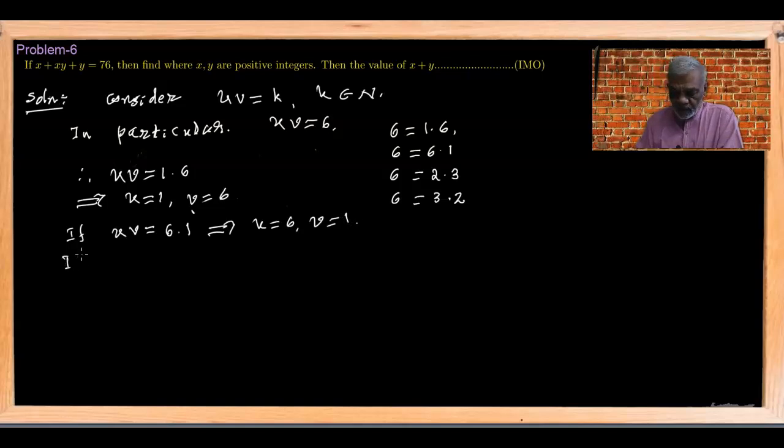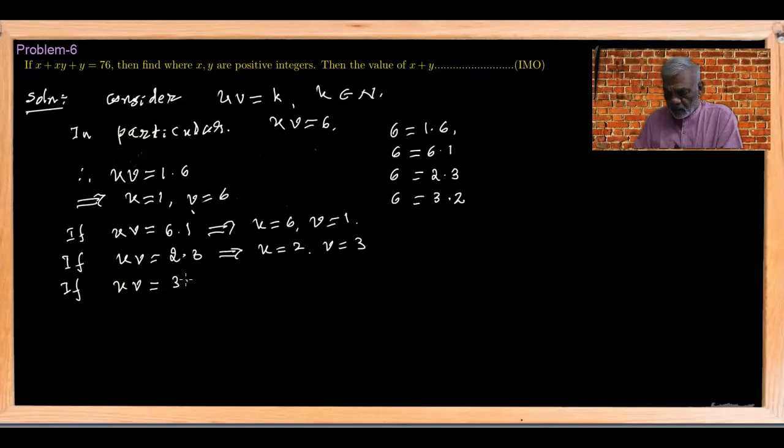And if uv equal to 2 into 3, implies u is equal to 2, v is equal to 3. If uv equal to 3 into 2, implies u equal to 3 and v equal to 2.